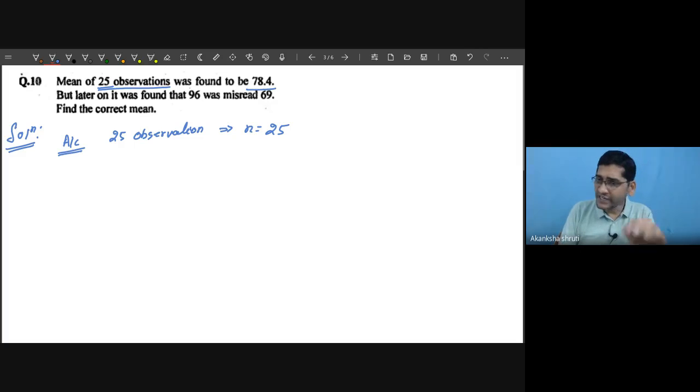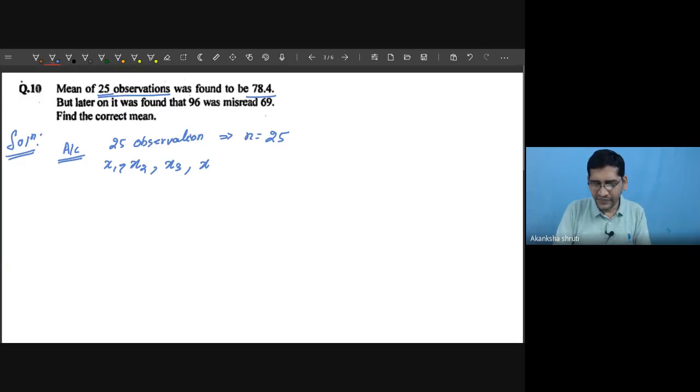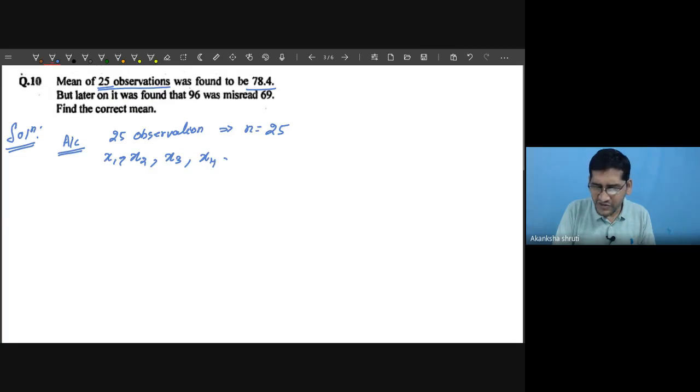These observations will have values like x1, then x2, then x3, then x4. They must have some values, though we do not know exactly. The last will be x25. So what is according to the question?